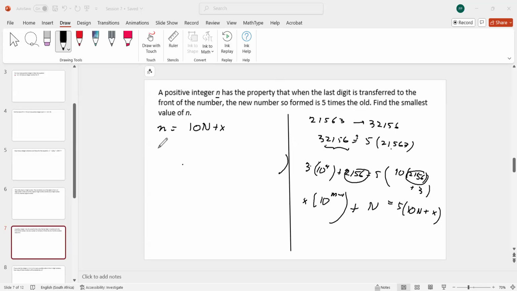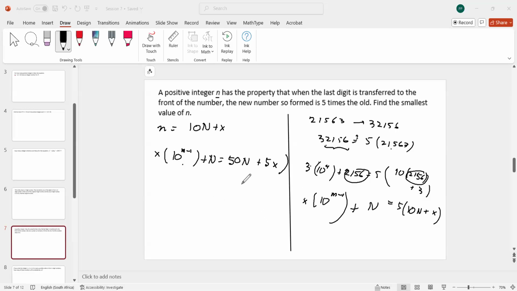Right, now, let's focus on this equation that we have. It's looking rather complicated, x times 10 to the power of m minus 1, plus n. I've got 5 times 10n plus x. I'm going to expand that. It's 50n plus 5x.